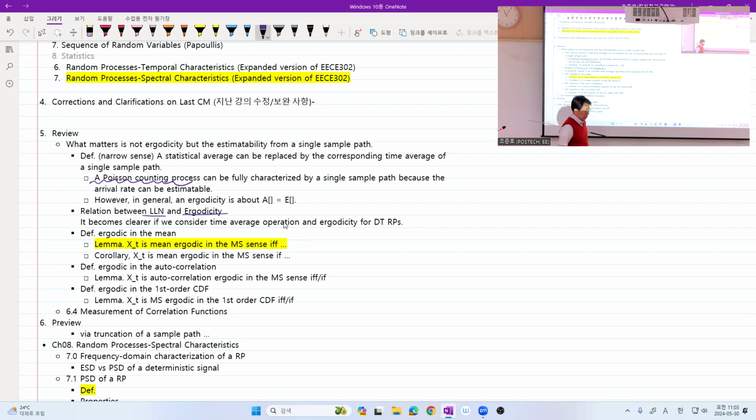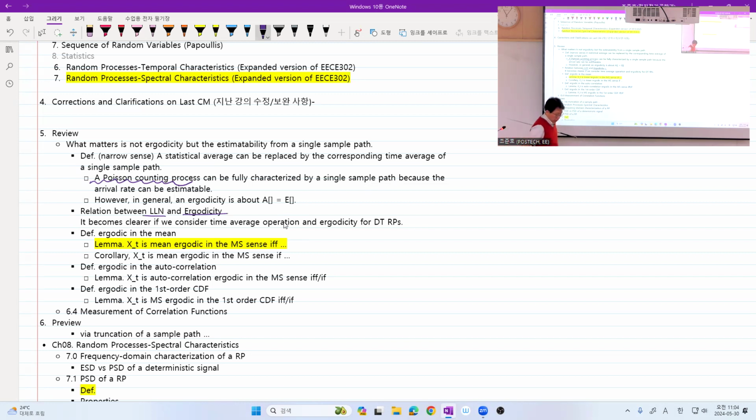Then the arithmetic mean that appears in any law of large numbers is actually the time average of a random process. So the law of large numbers and ergodicity are closely related. Of course, ergodicity can be said to be a generalized definition from the law of large numbers. So ergodicity is much more general. Got it?